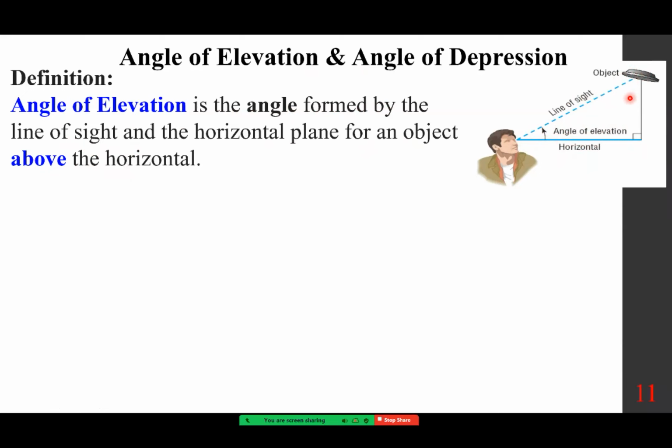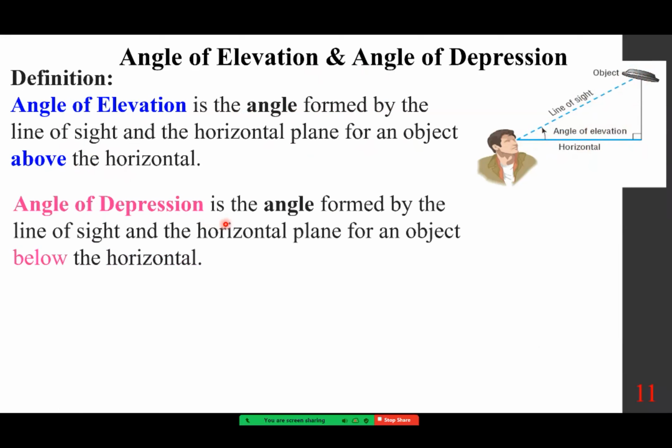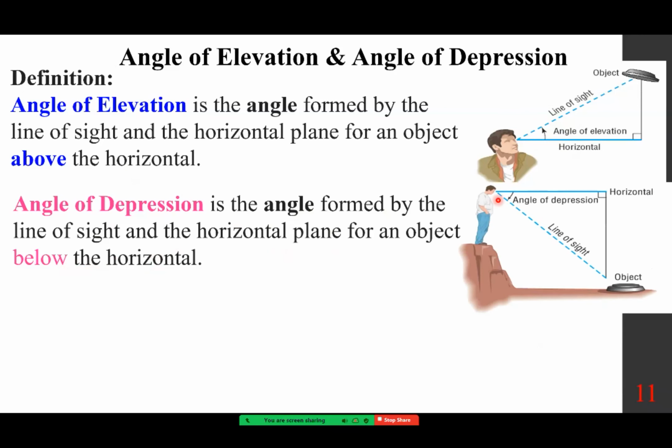This is called the line of sight, and this is the angle of elevation. Angle of depression is the angle formed by the line of sight and the horizontal plane for an object below the horizontal. So we are standing, we are looking down. Here's the horizontal line. Here's the line of sight. Here's the angle of depression.